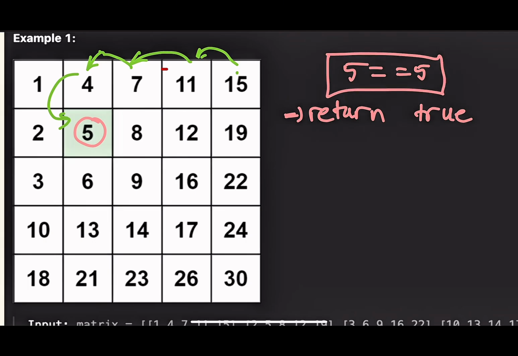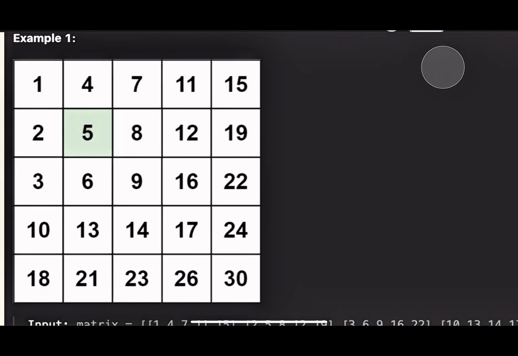And that is the idea of how you guys can optimize the binary search for this problem. Firstly, you guys have to pick the value at the top right corner, from here.